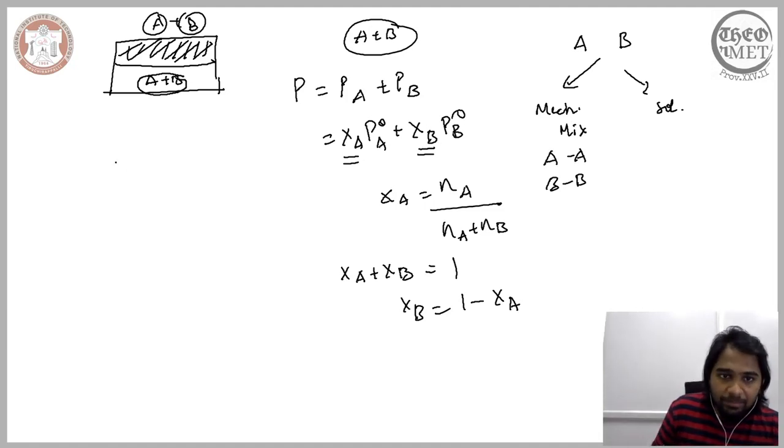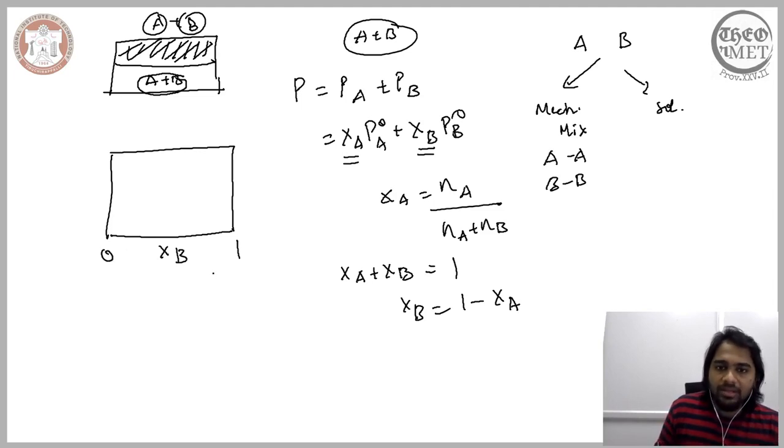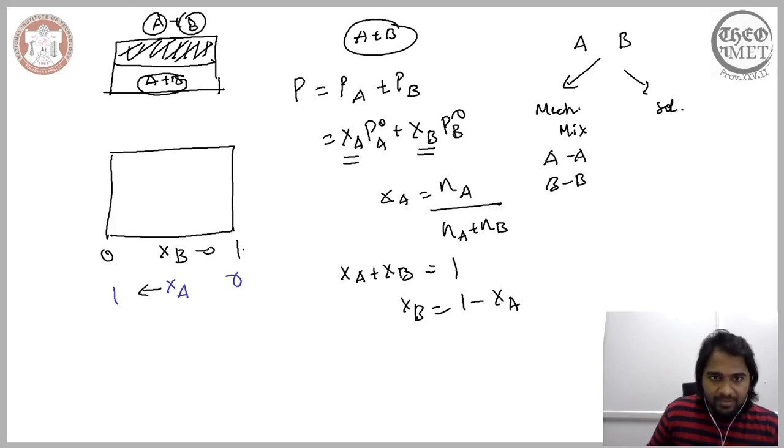Now when we graphically represent it, we saw that we need 2 points. Supposing along the x-axis we consider the concentration of B, it starts from 0 to 1, and since we have this relation here, it can also be treated as the reversal of XA, 1 to 0. So XB increases in this direction and XA correspondingly decreases in this direction. When I have a system that is completely filled with element A alone, the partial pressure of B is 0, so we have one starting point here.